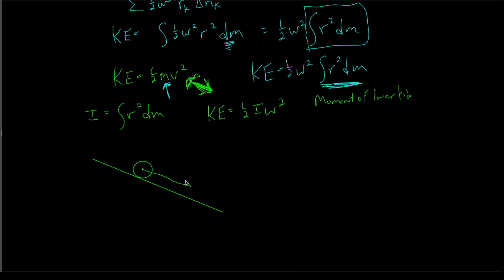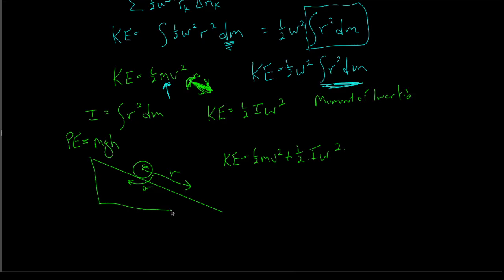Then the center of mass will have a velocity, and this will start rolling at an angular velocity, and so the kinetic energy the object experiences has two components, which means that if my potential energy comes from my height, then different objects' shapes can determine their rotational kinetic energy output.